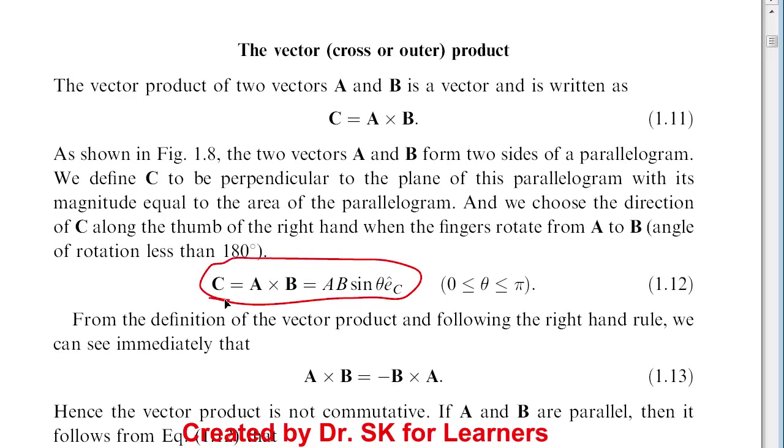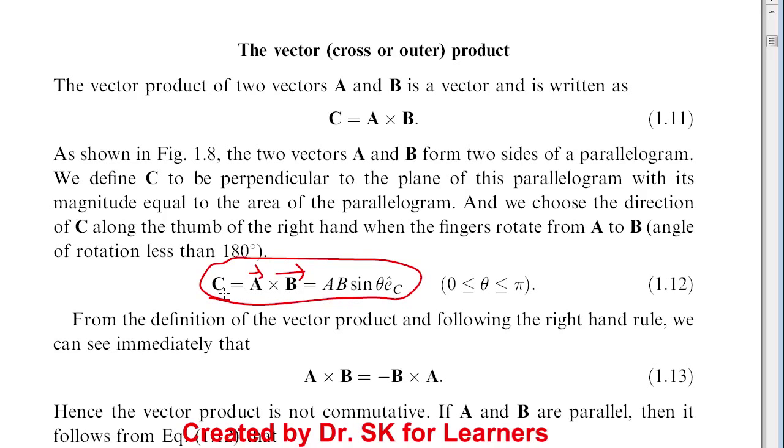A little thing here: the third vector C, which is equal to A cross B, we read it like cross, not the multiplication sign that we use in algebra. It is the cross product, since these two are vectors. There is no sign on top of A and B because they are bold faced here in the book, and since these are italic, it means they are the magnitudes of vectors A and B.